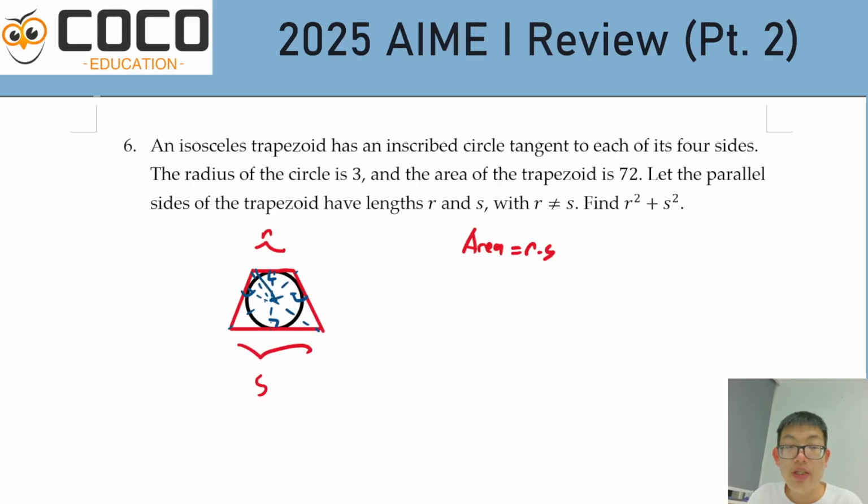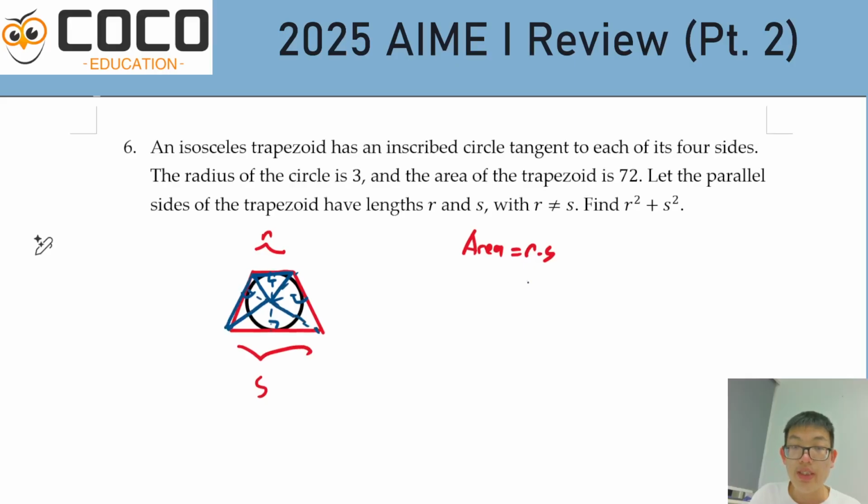If you just get the areas of those 4 smaller triangles and add them up, it would be half times the inradius times the sum of the side lengths. So that is R times S.